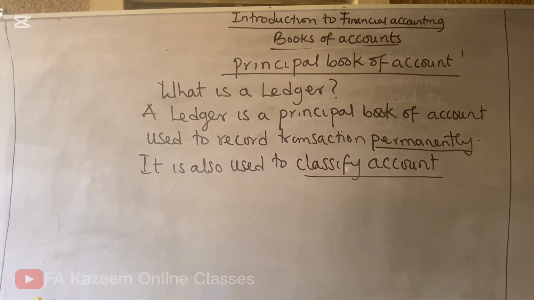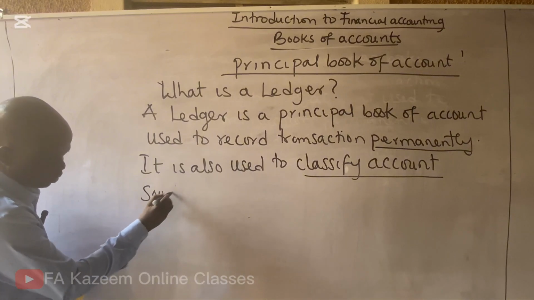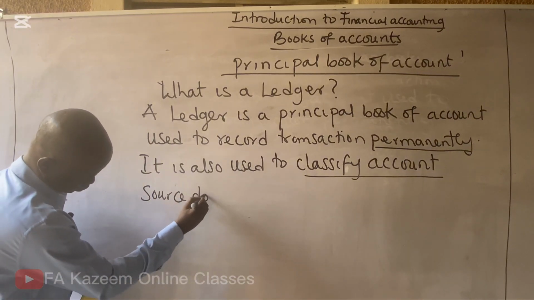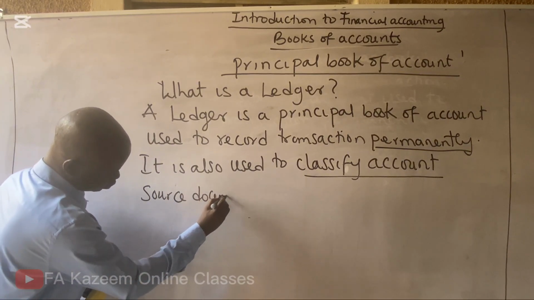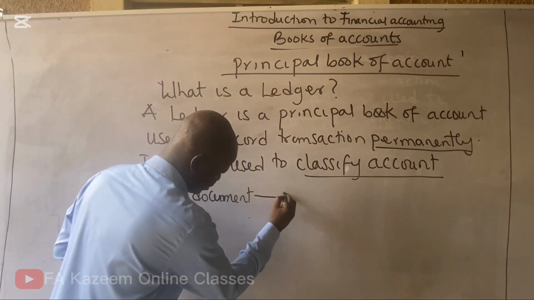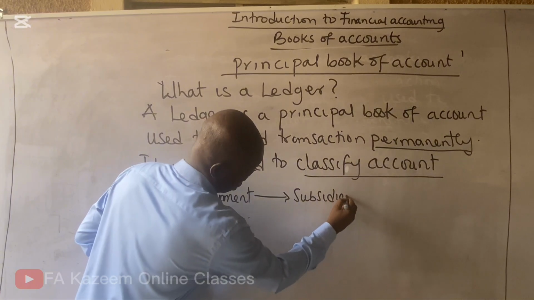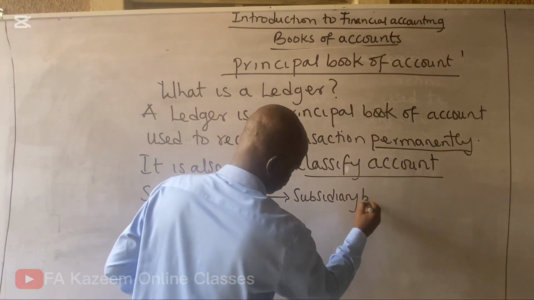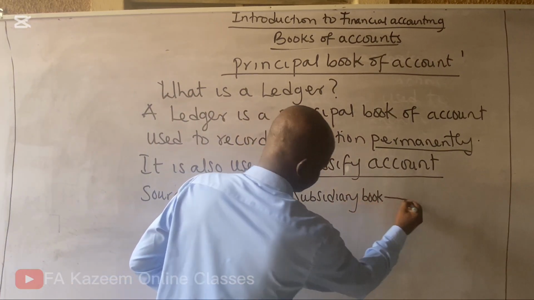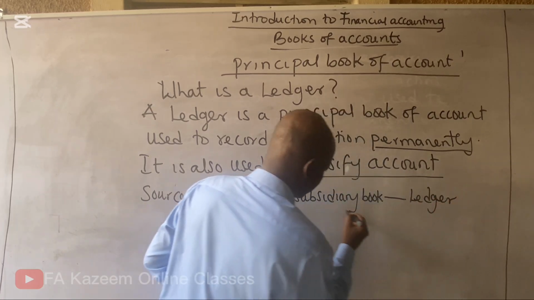Why do we say this? Let's look at the accounting process. From the source document, the next you record is the subsidiary book. From the subsidiary book, you keep the record in the ledger.